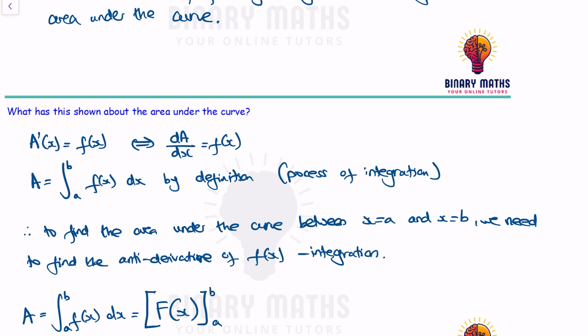So finding the antiderivative is basically called integrating.